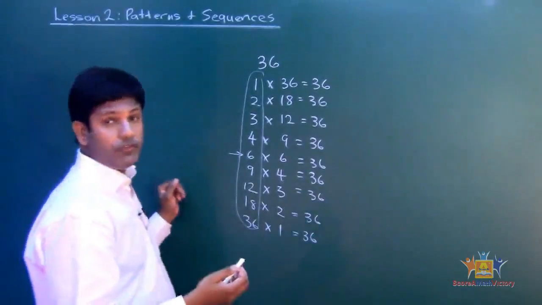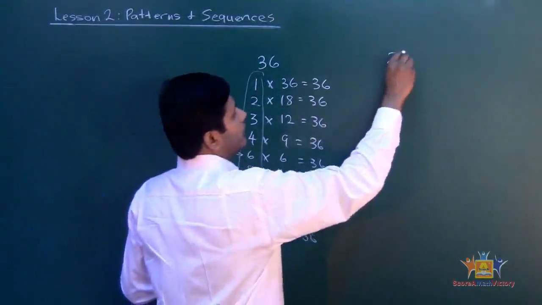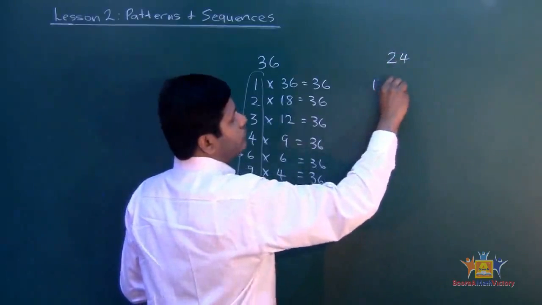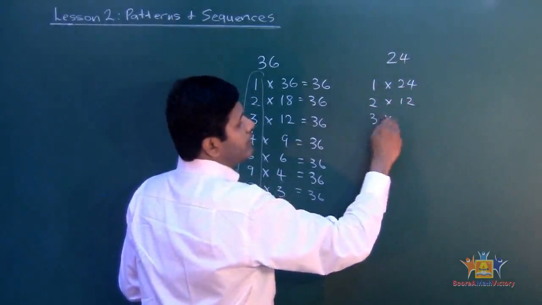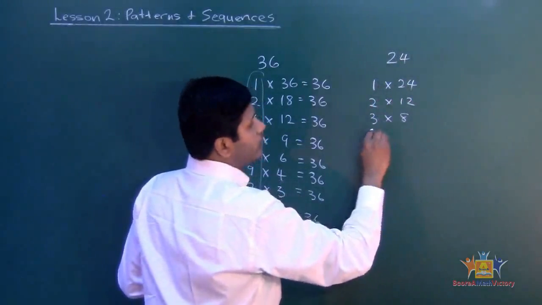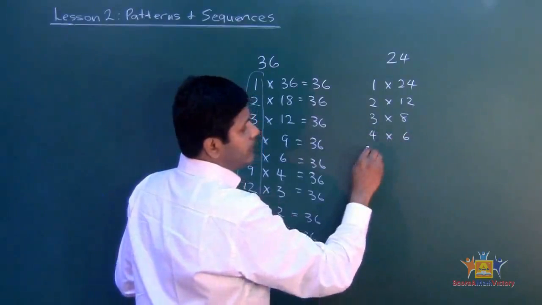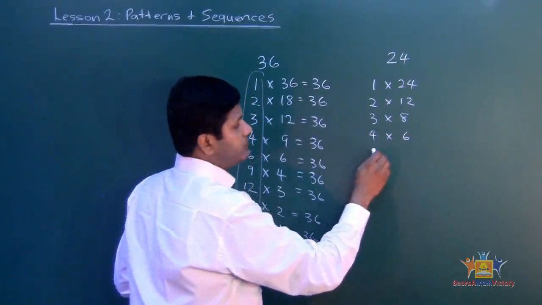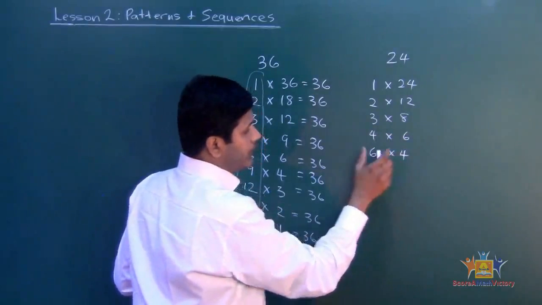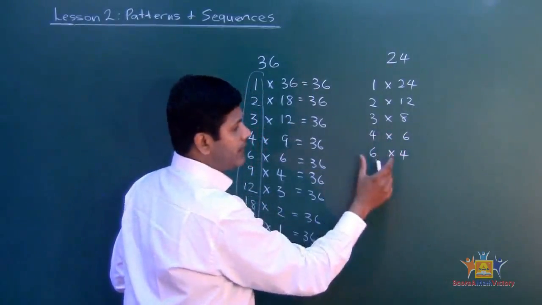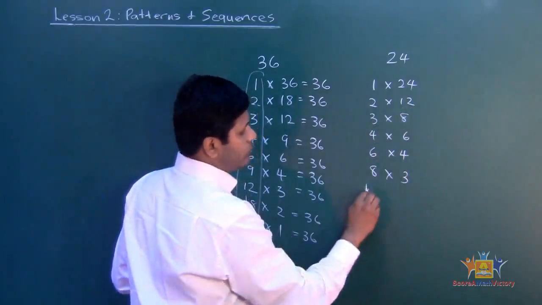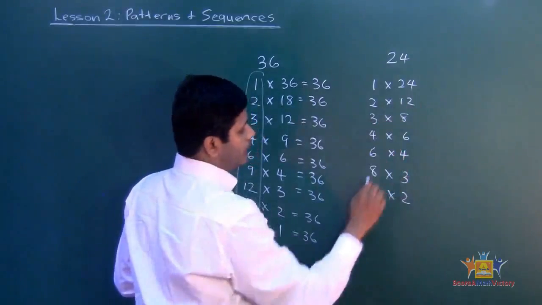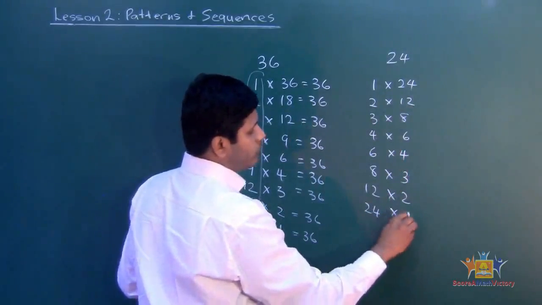Let's take, for example, 24. Okay, let's go back to 24. We know that 1 times 24, 2 times 12, 3 times 8, 4 times 6, and then 5 you cannot, 6 times 4. Look at that. It's flipping. From now on, just flip that. 8 times 3, 12 times 2, and 24 times 1.